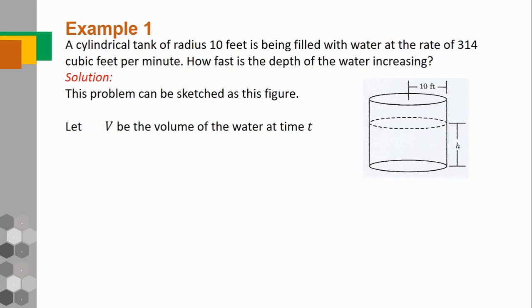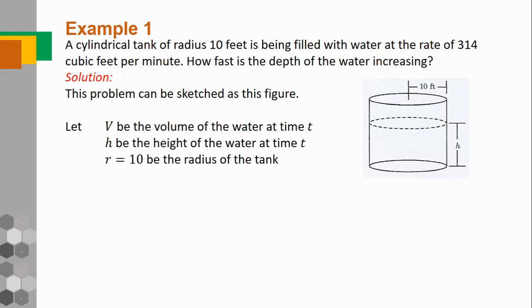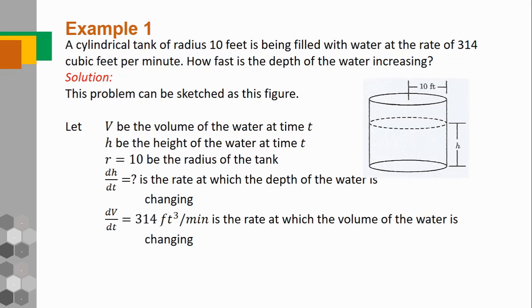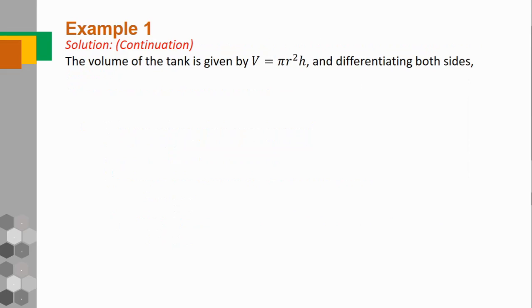Let V be the volume of the water at time t, H be the height of the water at time t, R equals 10 be the radius of the tank, dH over dt be the rate at which the depth of the water is changing, and dV over dt equals 314 cubic feet per minute be the rate at which the volume of the water is changing. The volume of the tank is given by V equals pi r squared times h.